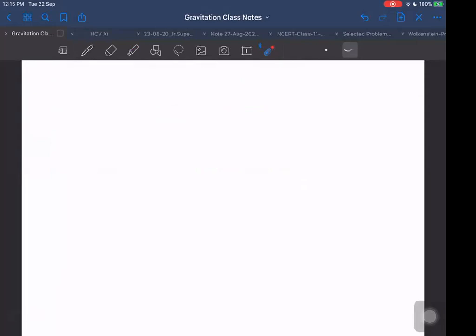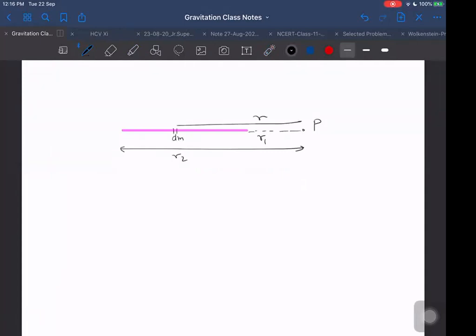Next, are there any other shapes remaining for which we did not find the field? Yesterday I forgot to take the rod at a point P. Considering dm at a distance r, between r1 and r2, we can write G lambda dr by r square, integral from r1 to r2.